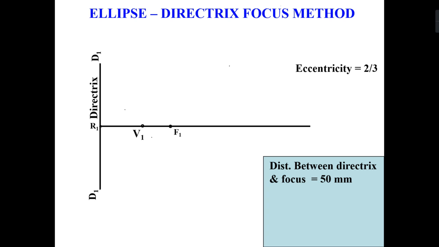If the eccentricity is given, you can easily mark the point V1. So this distance will be 20 mm, and this distance will be 30 mm.